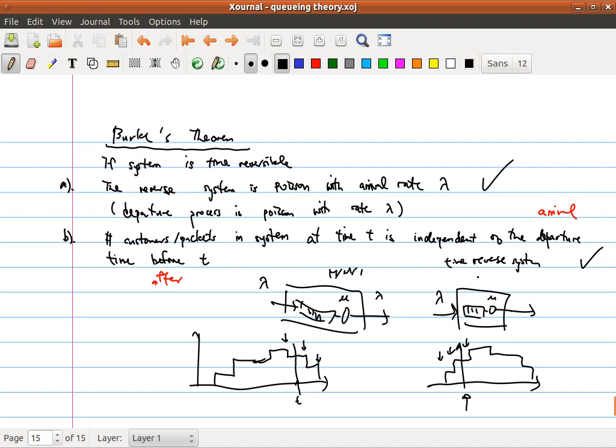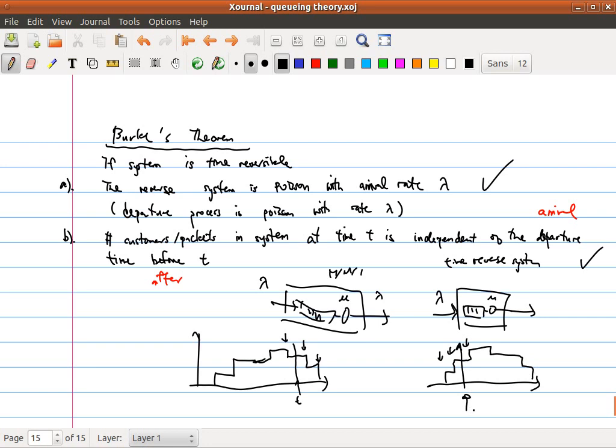But we have to be very careful that if we modify the statement a little bit, it probably won't be true anymore. For example, if we change this departure time to arrival time, then in the time reverse system, the arrival time here becomes departure time. And of course, the departure time after time t will depend on the number of packets at time t.